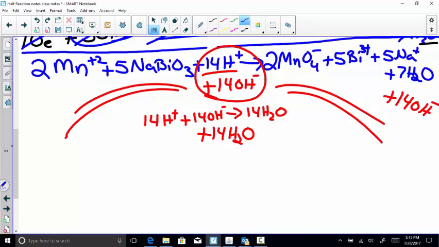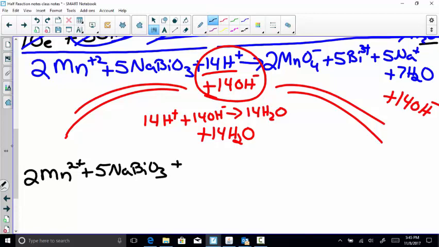In my rewrite, a lot of the stuff hasn't changed. So, you still have 2 Mn2 plus. You still have your 5 NaBiO3. Now, you do have 14 waters, and then we had 7 waters here.